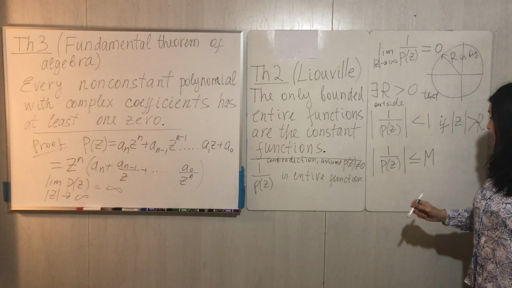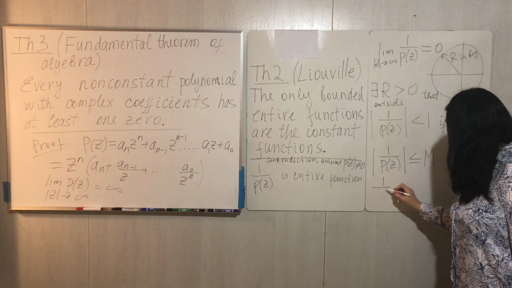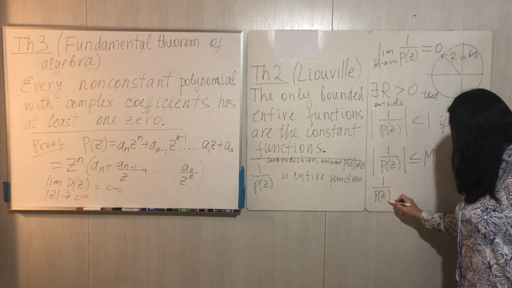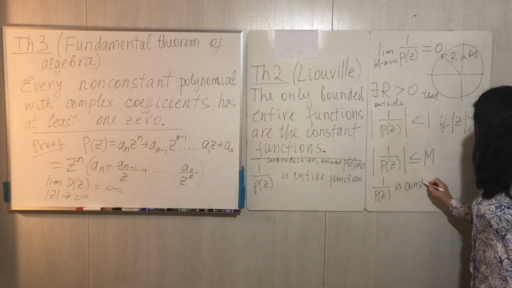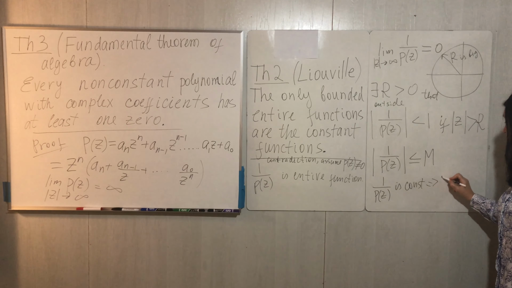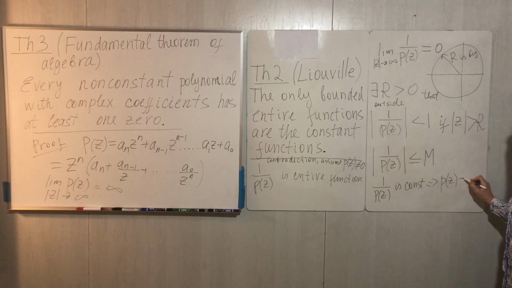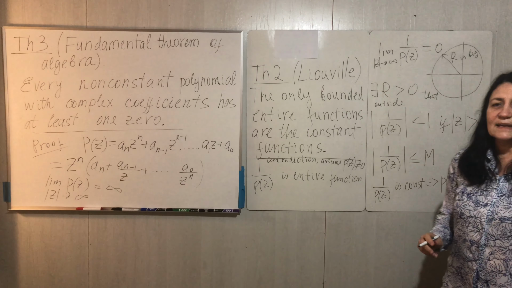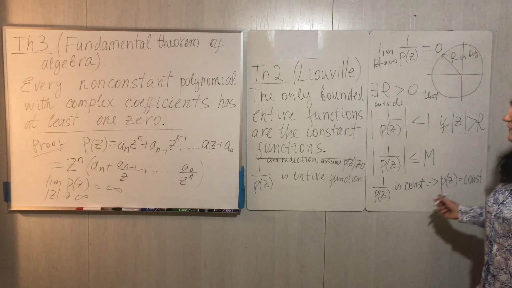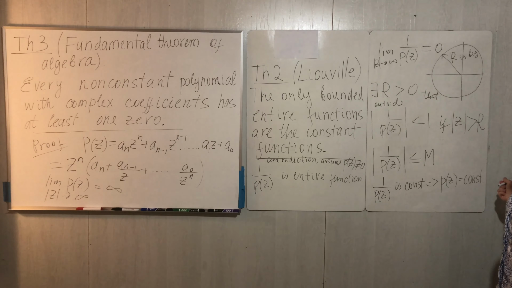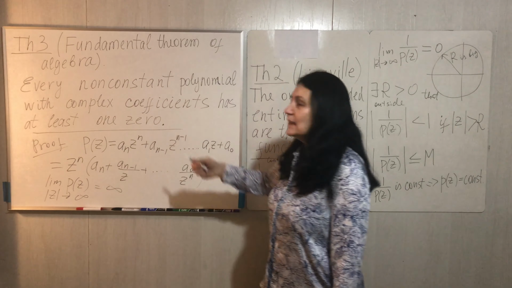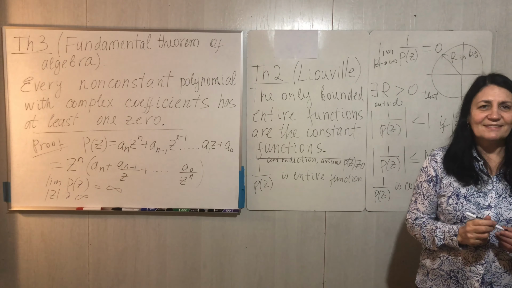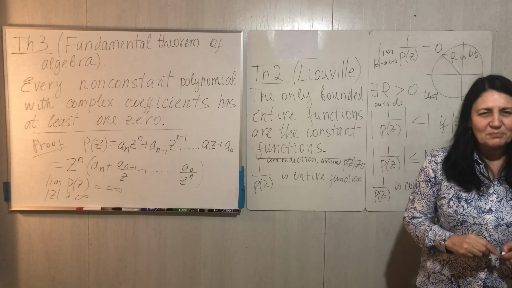From here we can immediately conclude that our function 1 over p of z is a constant function, and therefore p of z is constant, which gives us a contradiction, contradicting our assumption that our polynomial p of z is a non-constant polynomial. This finishes the proof of this theorem.